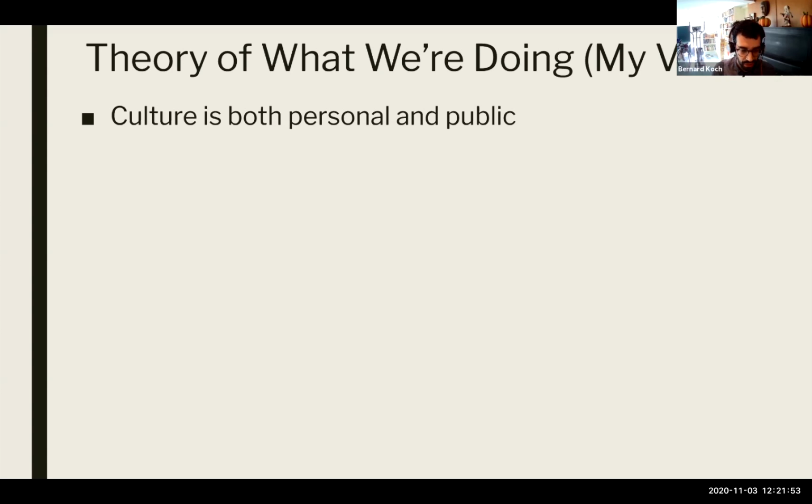Culture exists. Culture is both personal and public, right? It exists in people's brains in terms of beliefs, skills, values, practices, mental representations. And it also exists in the products of social action: things like institutions or material objects, which we focus on here, public representations, relational structures.